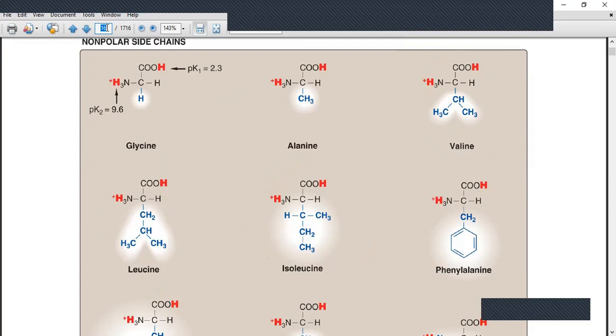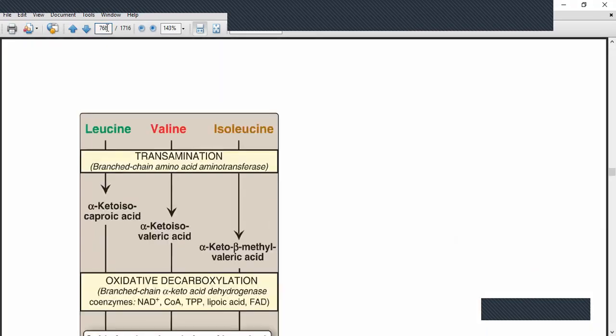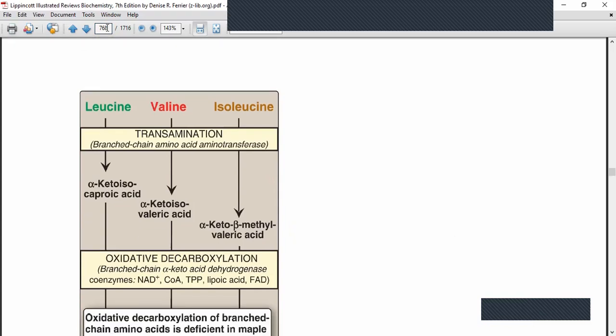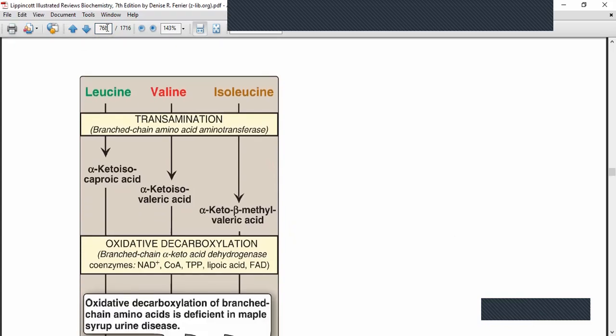The catabolism of these 3 follows a similar pathway. You can see the 3: leucine, valine, isoleucine. We have some color codes here.